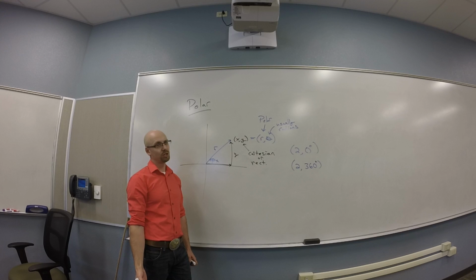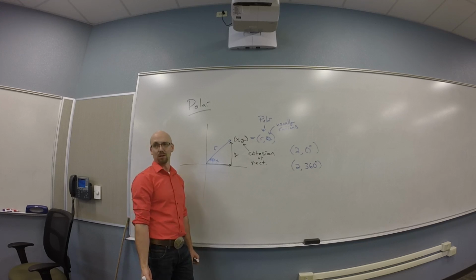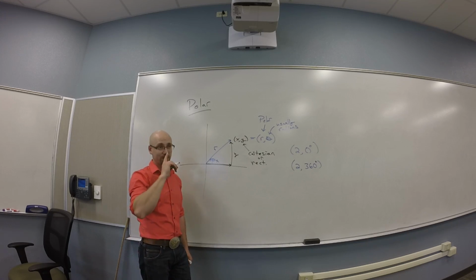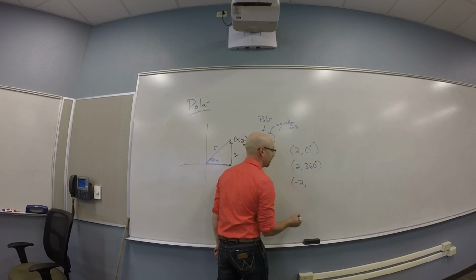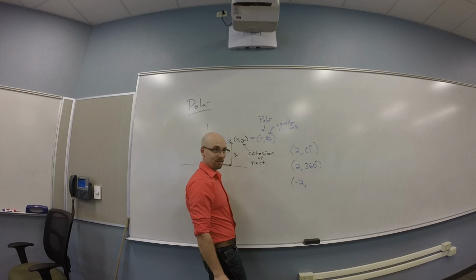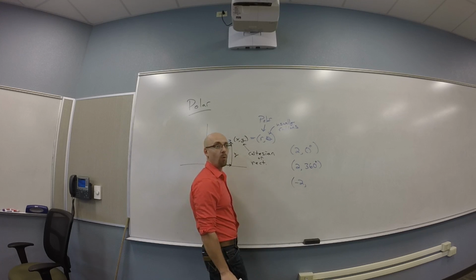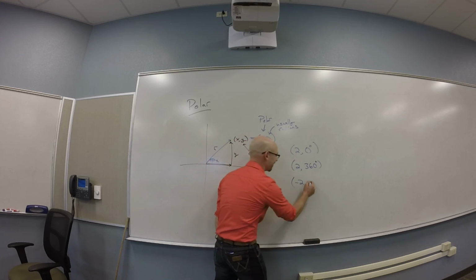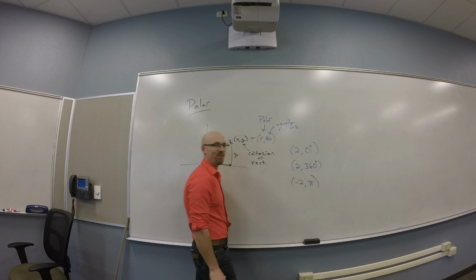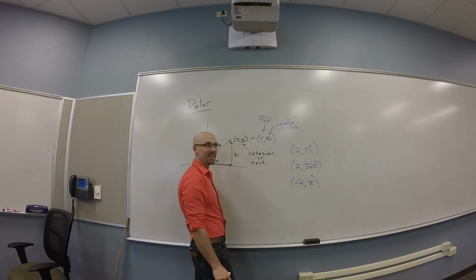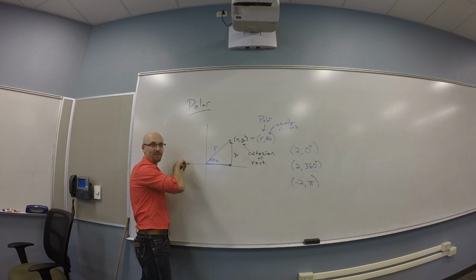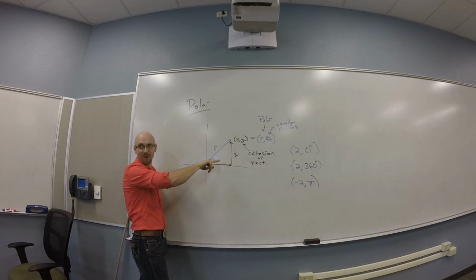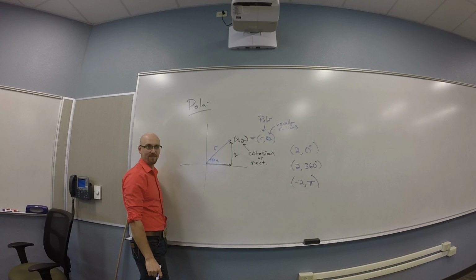What's the other one you have to watch out for? Negative. Another way I could write this is -2 at an angle of pi, or 180. You go over here, and then your radius points the wrong direction, so you go out backwards.